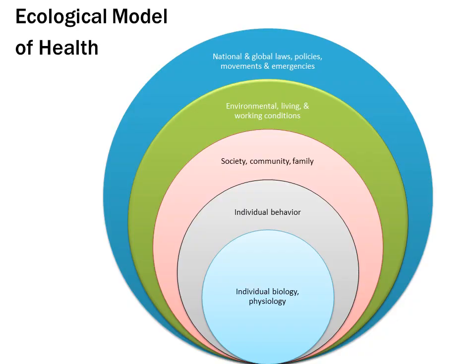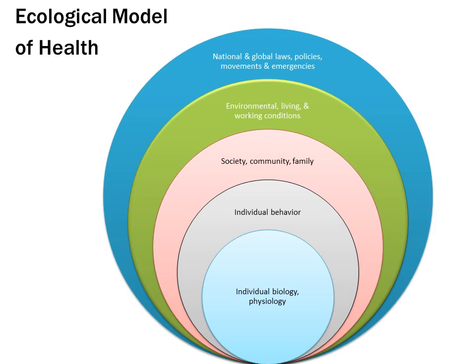The ecological model of health developed by the Institute of Medicine shows how factors like societal influence and factors other than individual biology and behavior affect health. These are the upstream factors from the individual.